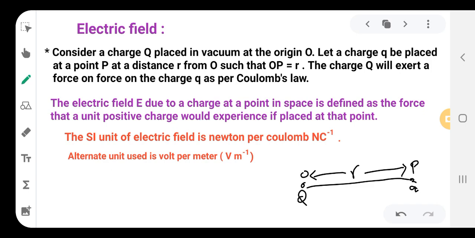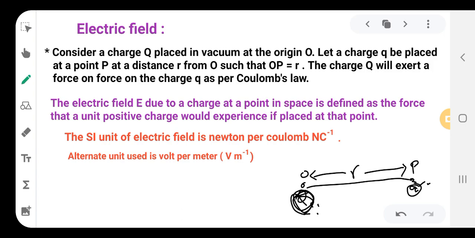Then the charge Q will exert a force on the small charge q. Q is the source charge. It has a field surrounding it, and it will exert some force on this point charge q, because q is very small, according to Coulomb's law.